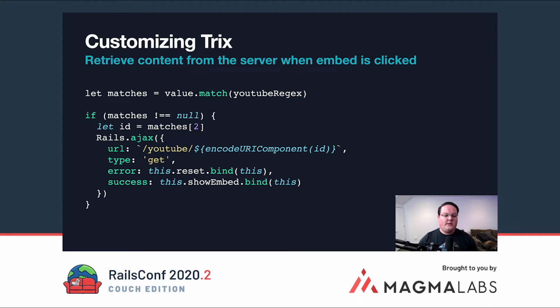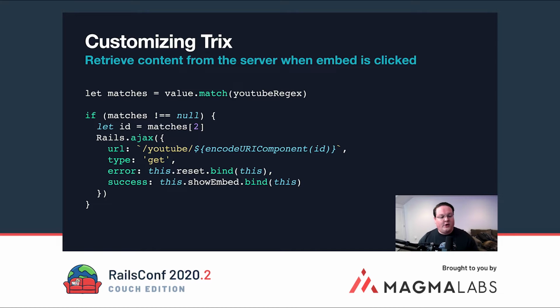Once the user clicks that button, we want to double check and match against that regex, just in case that button is accidentally displayed and our CSS didn't hide it properly. We can double check with this, and we can also use that to grab the ID of the YouTube video out, and then we can make an AJAX request to our Rails app.